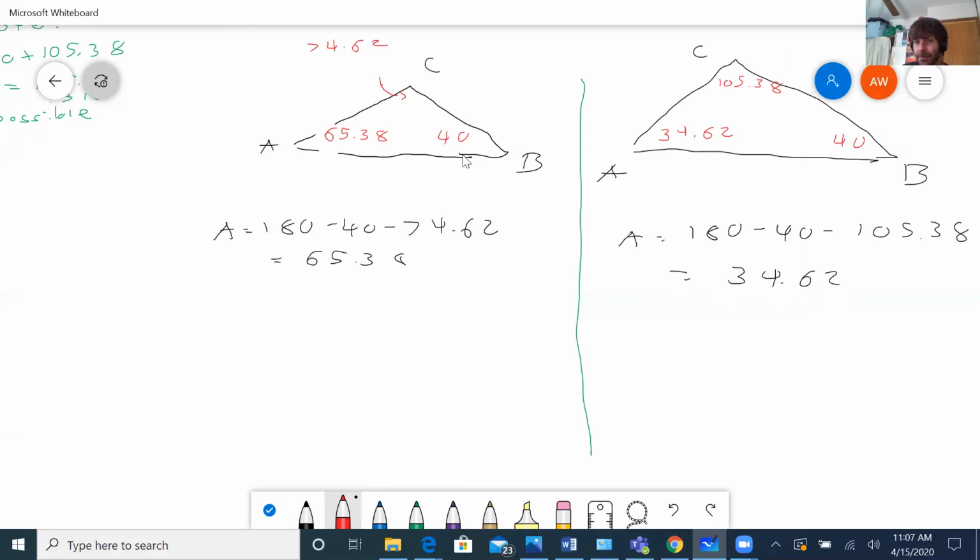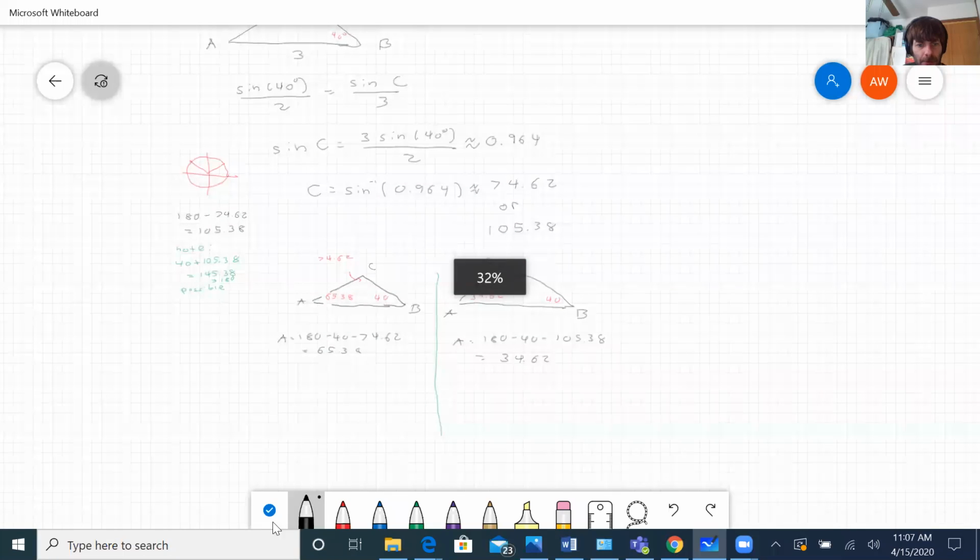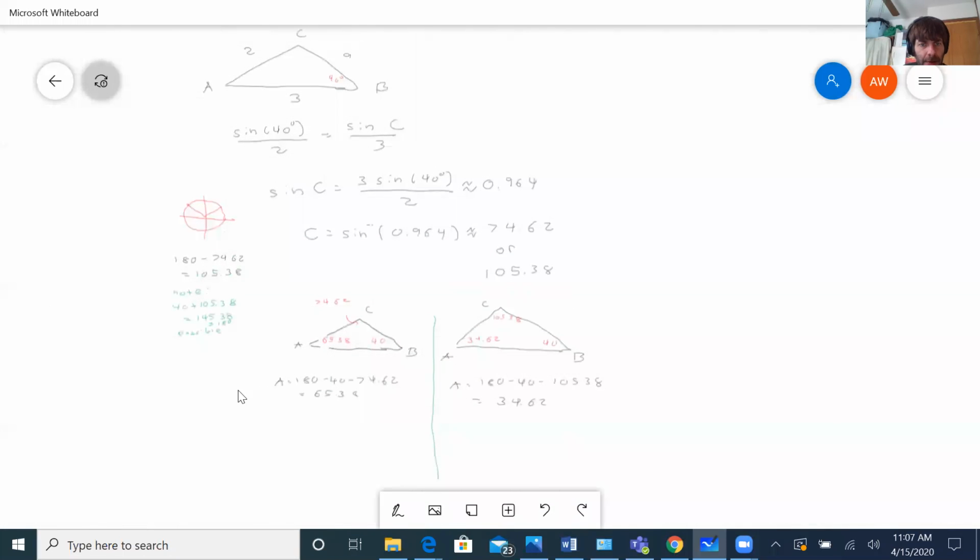So two possible triangles here. So just remembering this, this was 2 and 3, 2 and 3 either way.